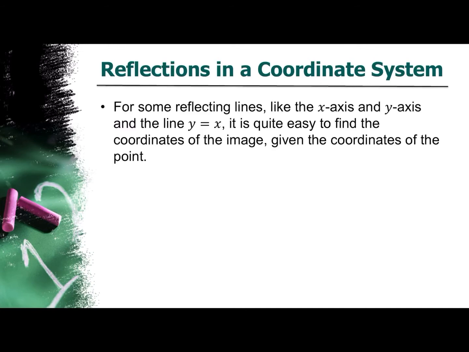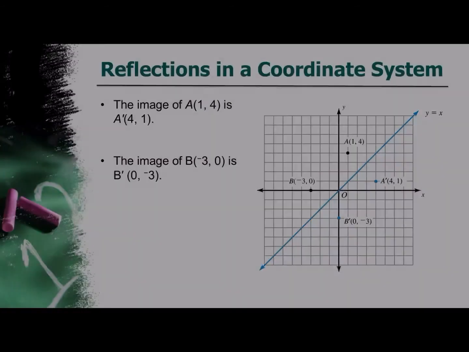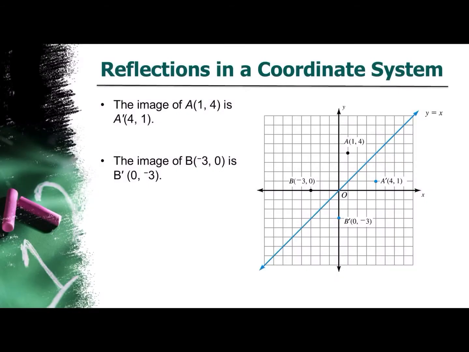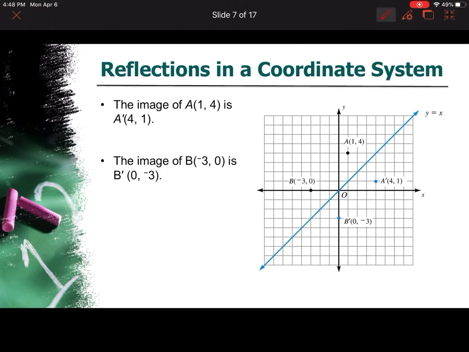Reflections in a coordinate plane are pretty easy as long as we have a pretty easy line of reflection, so one of the axes, or the line y equals x. You actually did some reflections with the line y equals x when you were in algebra and you did inverses.